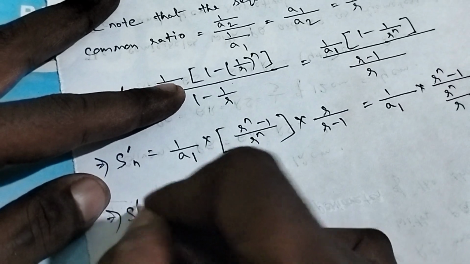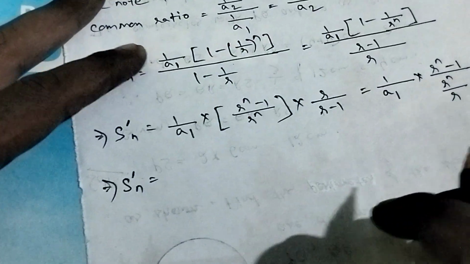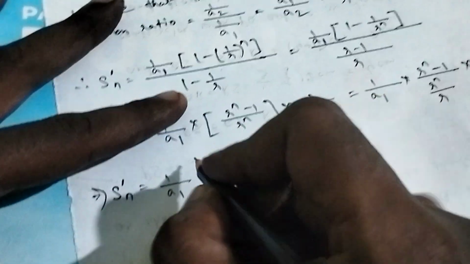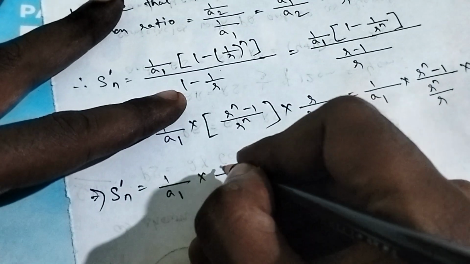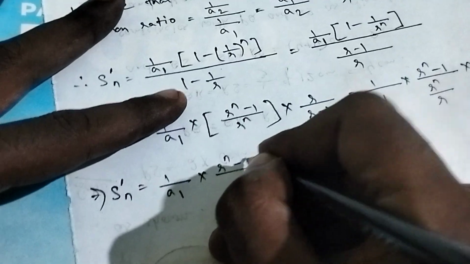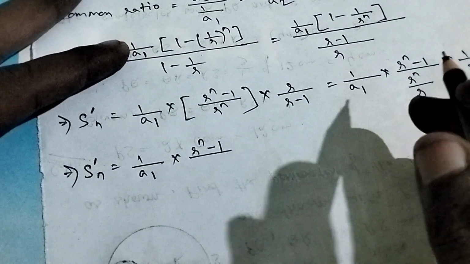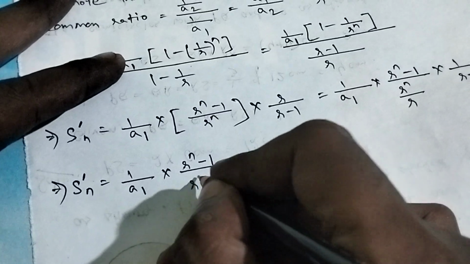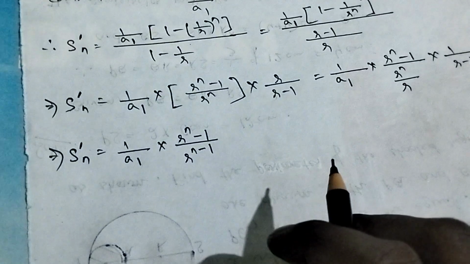So s dash n is 1 by a1 into r to the power n minus 1, and here in the denominator it will be r to the power n minus 1.